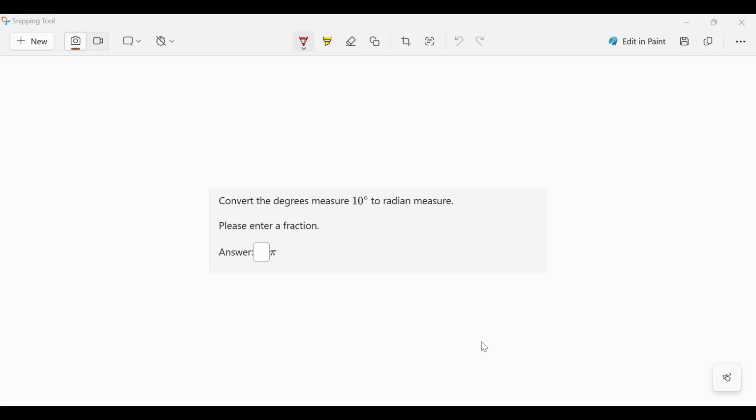Let's go over the solution here one more time. We get pi is equivalent to 180 degrees. Now we only have 10 degrees, so 10 on the bottom. We don't know how many radians, so x radians. So 180 times x equals 10 times pi.